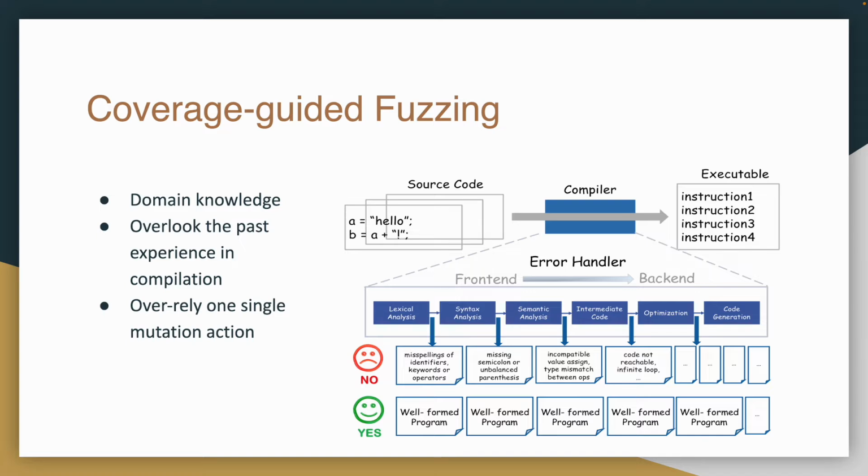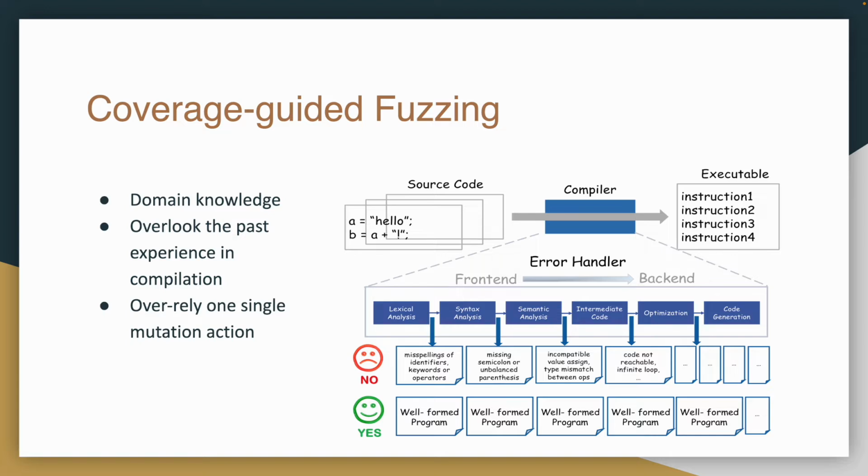Also, they overlook the benefit from past experience in historical mutations and cannot automatically learn the common knowledge that is shared in different input seeds. Moreover, most coverage-guided frameworks only calculate the rewards after a single mutation is taken, which underestimates the power of a series of mutation combinations.